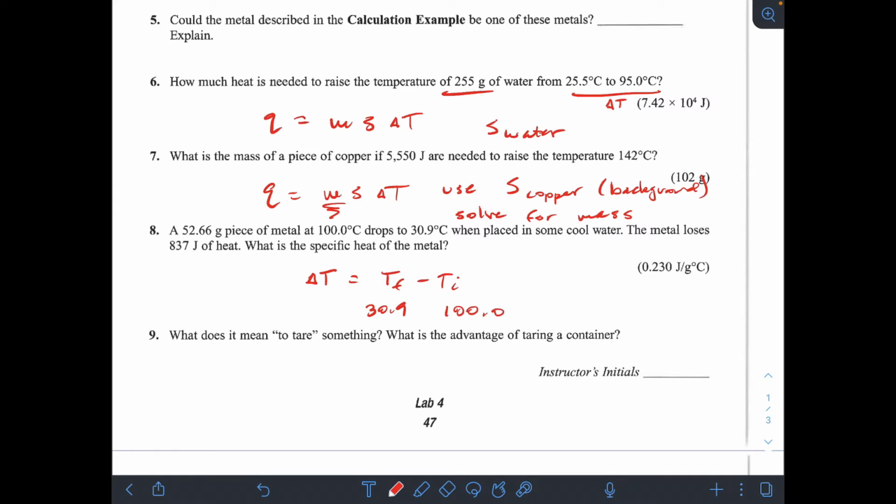Remember that your specific heat of the metal is going to be a positive value, so whatever answer you come up with, you're going to end up with a positive value. And just as a reminder, these questions all have the answers sitting over to the right, so you have to set up the calculation so that you get that correct answer.